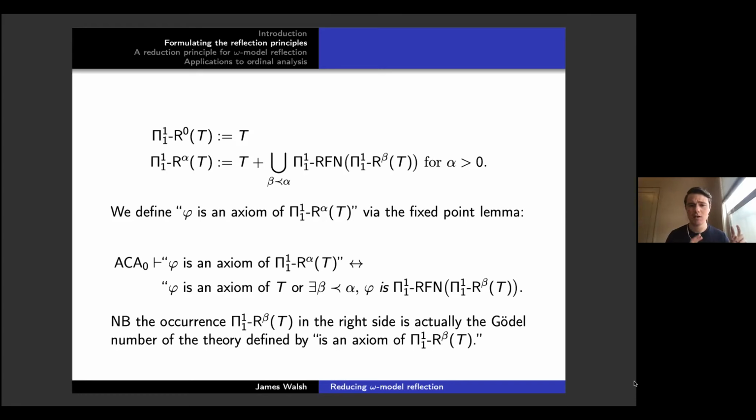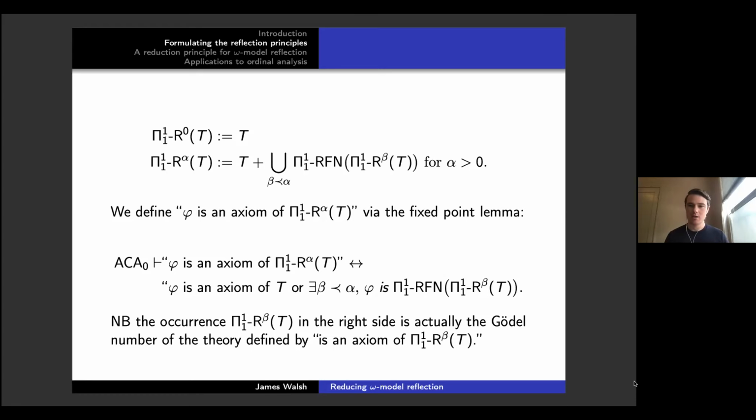So it says phi is an axiom of alpha iterated reflection over t if and only if phi is an axiom of t, or for some beta less than alpha, where this less than is given through an explicitly chosen ordinal notation system, phi is the statement that beta iterated reflection is pi11 sound.